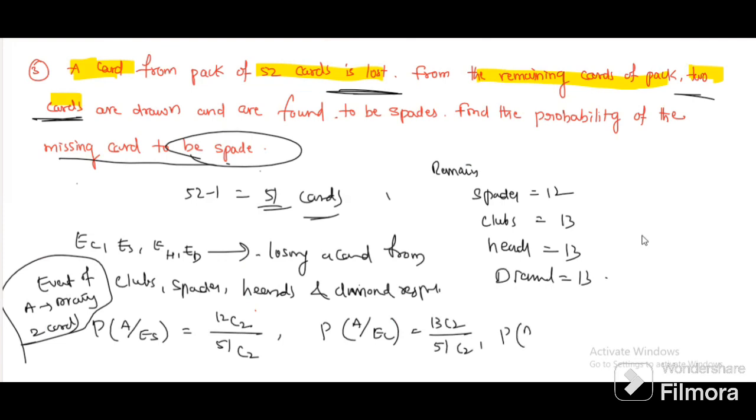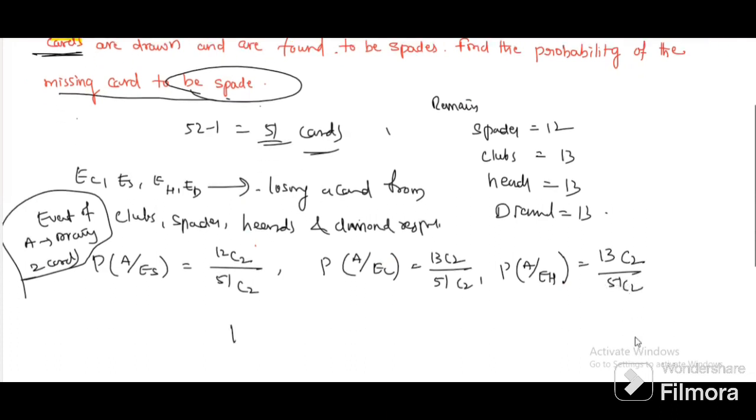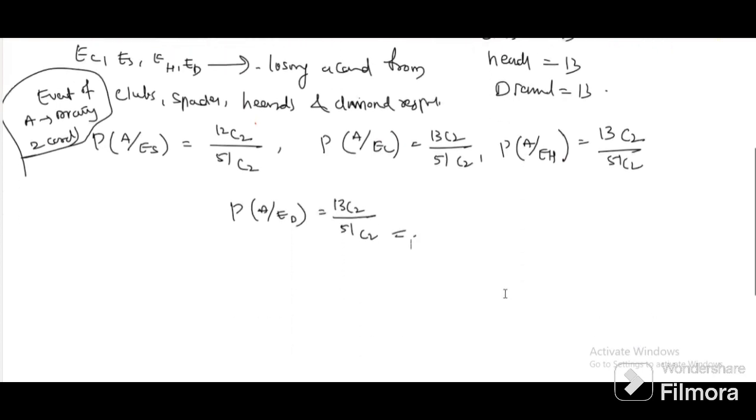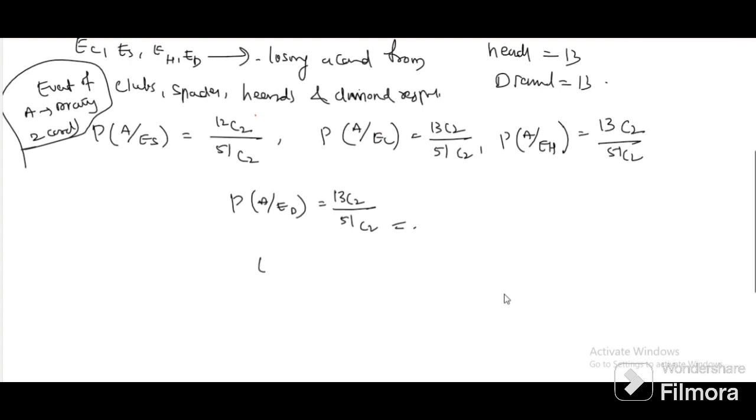Drawing two cards from the hearts is 13C2 by 51C2, and drawing two cards from the diamonds is 13C2 by 51C2.